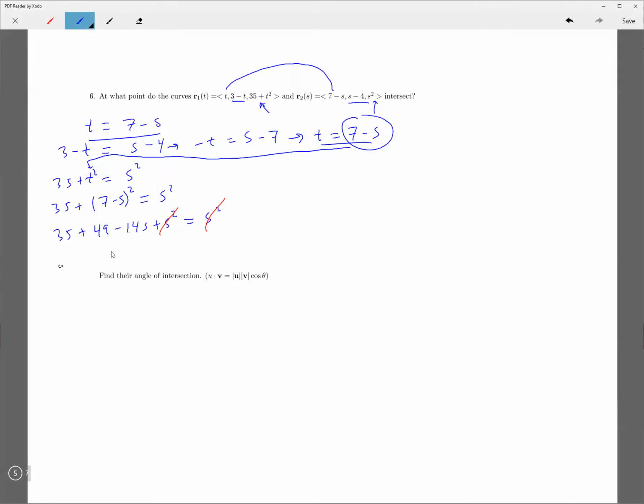Let's see, negative 14s. This combines to be 84. So 14, that's all 0. So that's 0. Okay, so 14s is equal to 84. Divide both sides by 14.